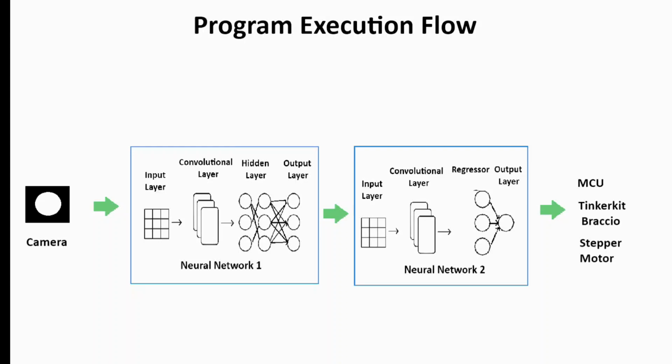After the first prediction of whether this fruit is healthy or unhealthy, if we have an unhealthy spot, then that information is passed to the program, which will run the second neural network, and then this will have the regression predict the spot circumference and characteristics.